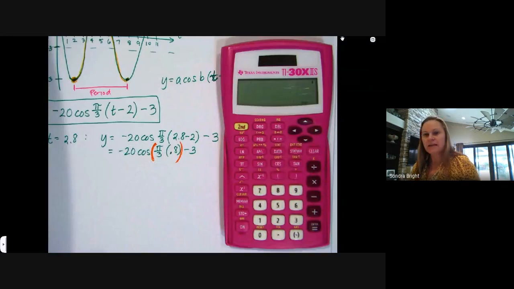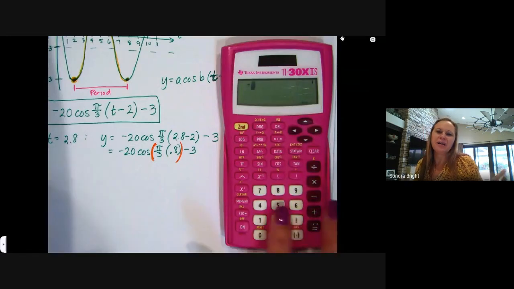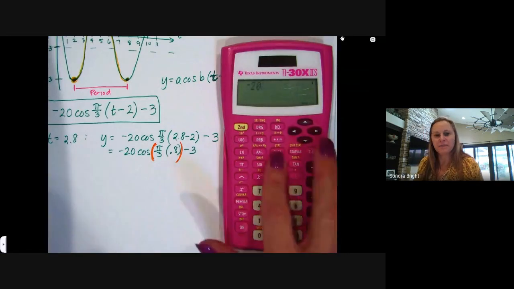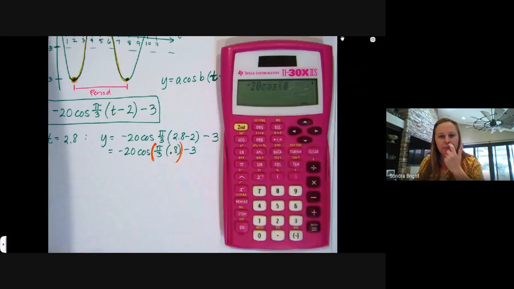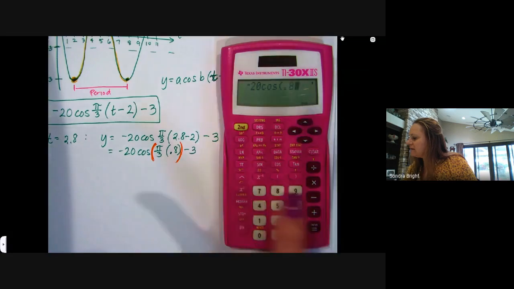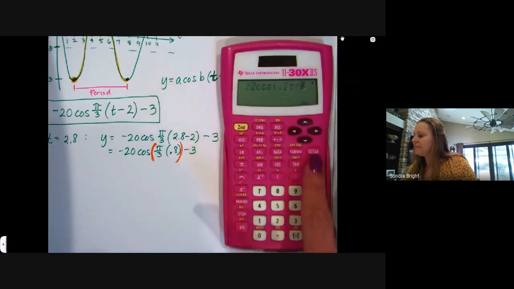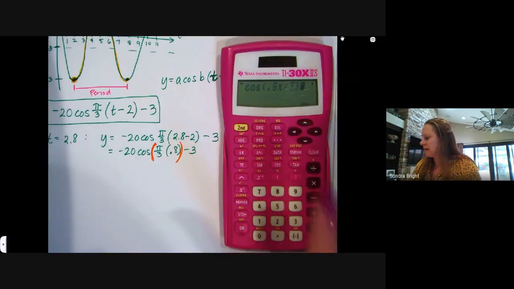So we got -20 times cosine. You don't have to hit the cosine in front. It will multiply that. I'm going to just write 0.8 pi over 3. Now, 0.8 times pi over 3, so 0.8 pi divided by 3, and the parenthesis, and then -3.